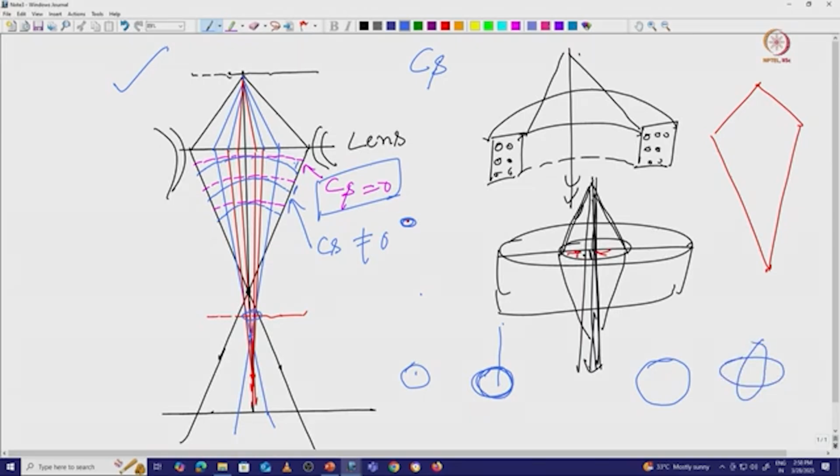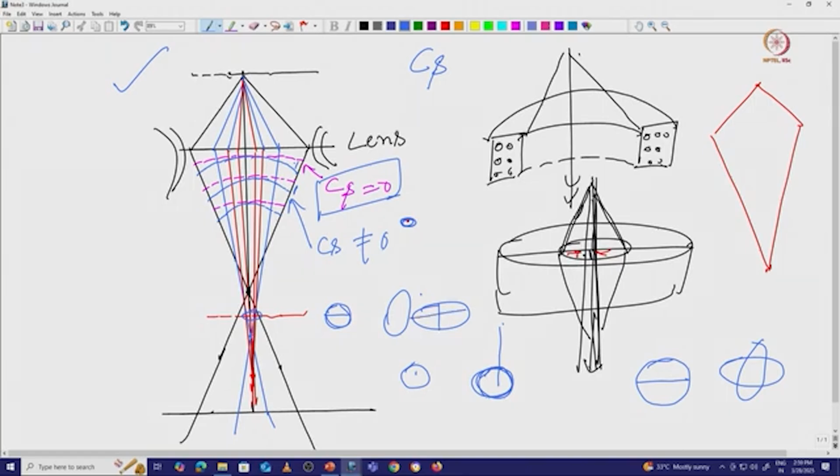Whenever you try to measure the beam diameter, here you have a point source, but actually you are getting a circle, a disc, and this is called the beam diameter. But it is circular. When you have an elliptical beam, it is very difficult to measure the beam diameter, because the diameter will be different in different directions.